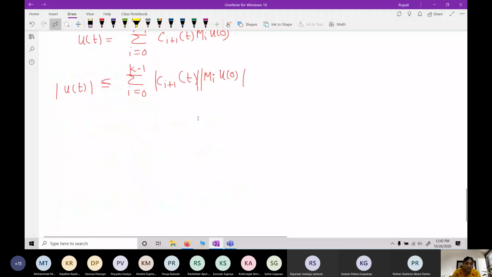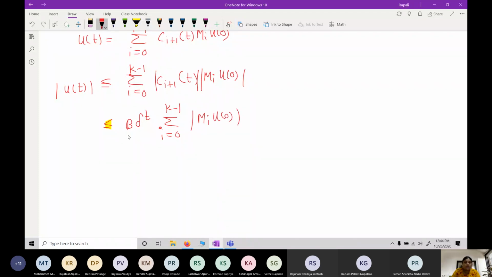So what can I write? Up to k minus 1 we have, which is less than or equal to b times delta raised to t, summation i equal to 0 to k minus 1 of the norm of Mi times u0. Why b times delta raised to t?